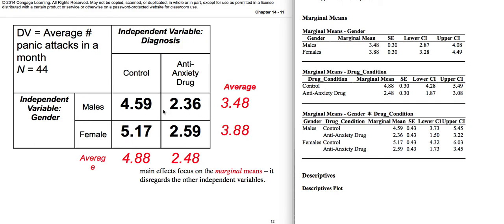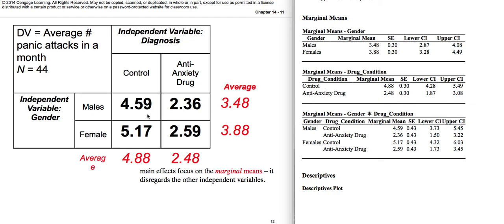The individual cells here are the marginal means conditions, so we can see that for males in the control condition, they have a marginal mean of 4.59, and in the table we find that same value. Males, control condition, the value is 4.59. So just by looking at this table, we can assume that there might be some interaction effects.